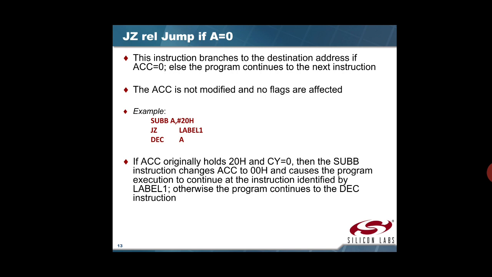After the subtraction, if the content of the accumulator is 0, it will go to the location label 1, or else it will go to the next instruction. Remember, this operation is always with respect to the accumulator; only if the content of the accumulator is 0 will it jump to the location.